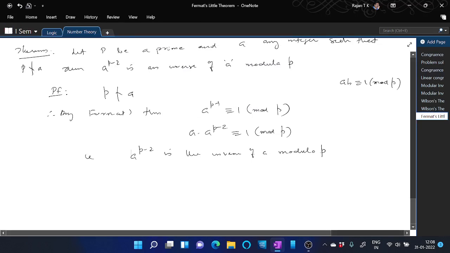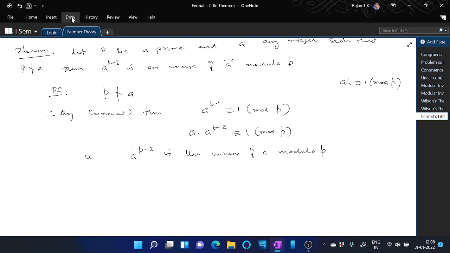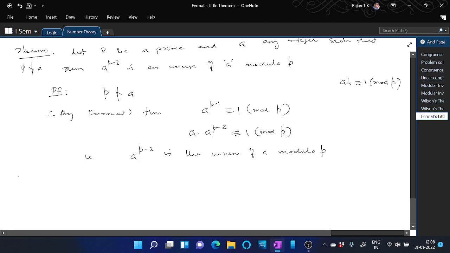Now another result, it's a theorem, again another application of Fermat's theorem.